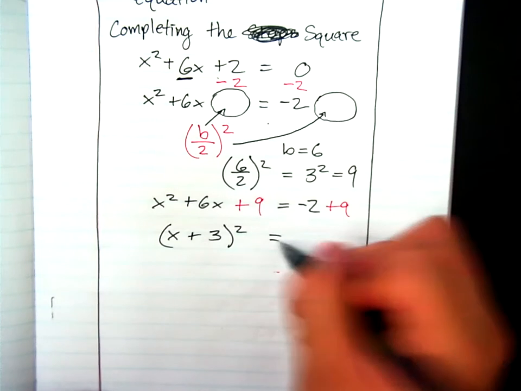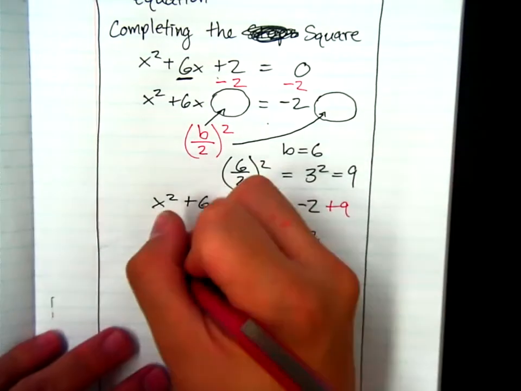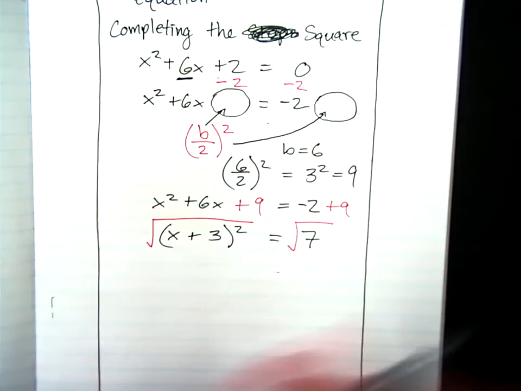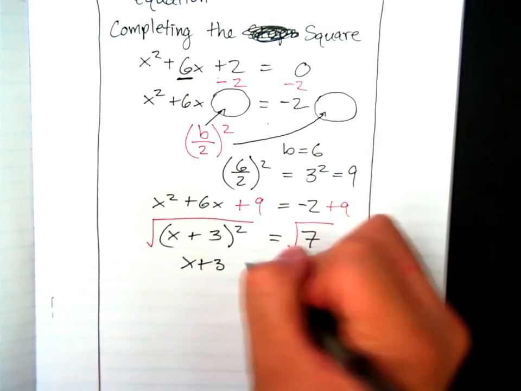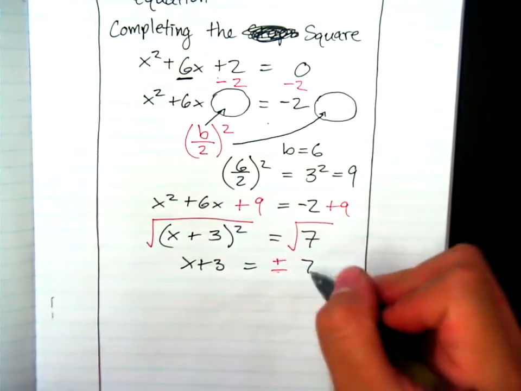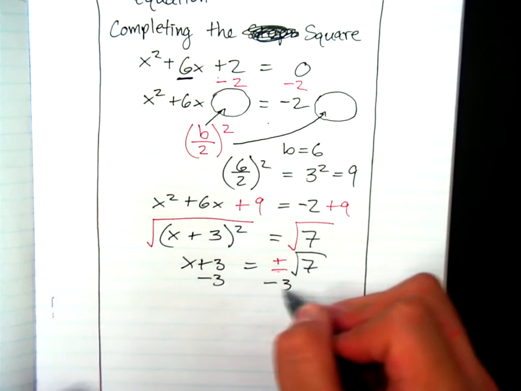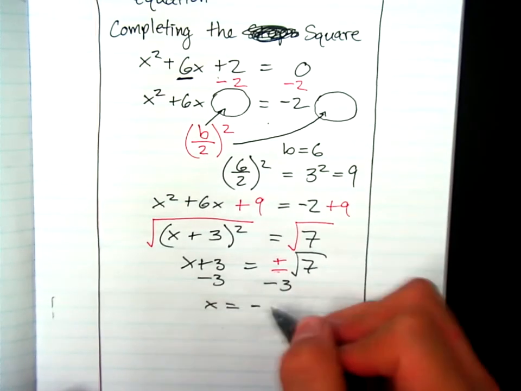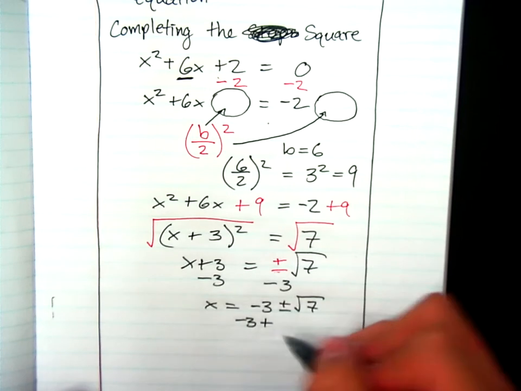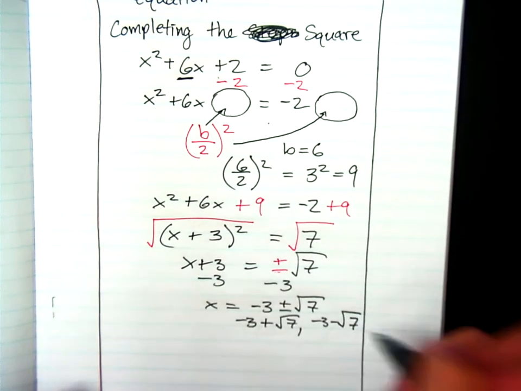So x plus 3 squared is going to equal positive 7. We take the square root of both sides now, just like before. I end up with x plus 3 equals plus or minus radical 7. Subtract the 3 from both sides, and I get x equals negative 3 plus or minus radical 7. If you want to split it up, negative 3 plus radical 7, negative 3 minus radical 7.